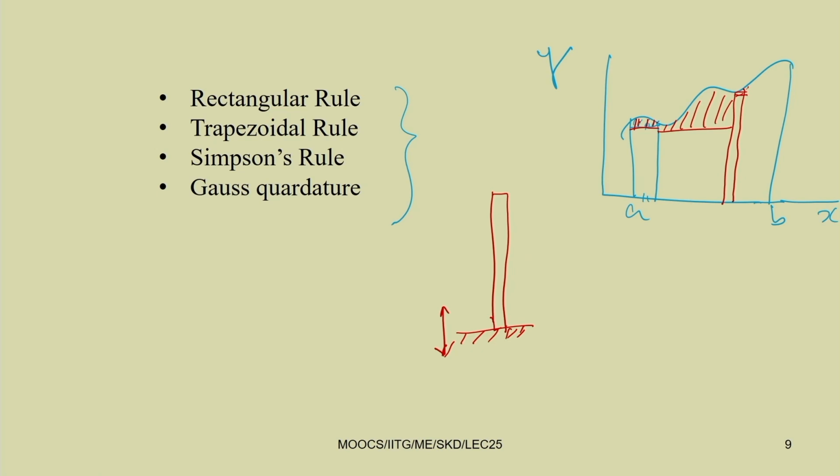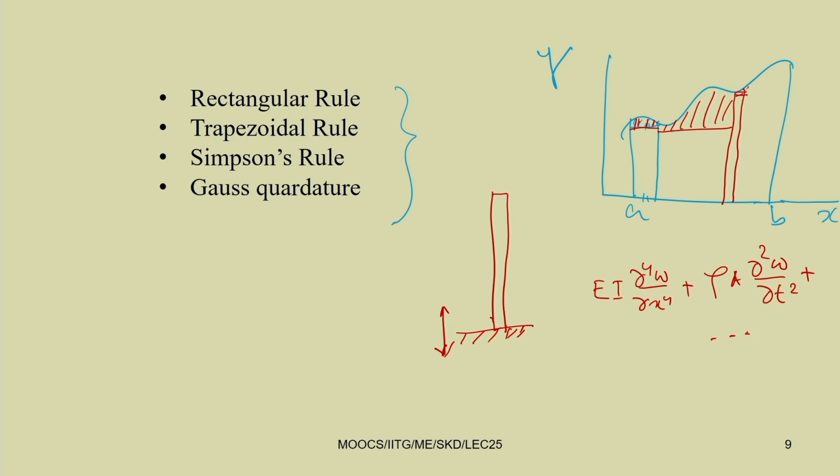For example, if you want to write the first two terms for the Euler-Bernoulli beam equation, you have E I del fourth W by del x fourth plus rho A del square W by del t square. Other nonlinear terms are also present when we consider the system to be nonlinear.